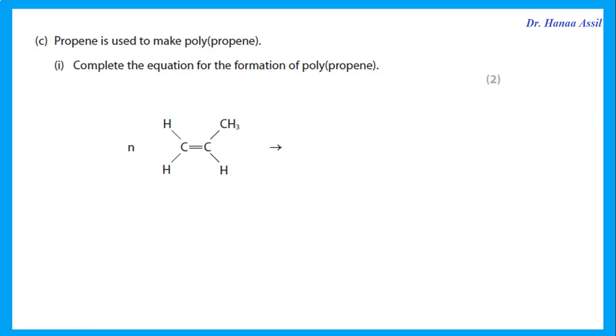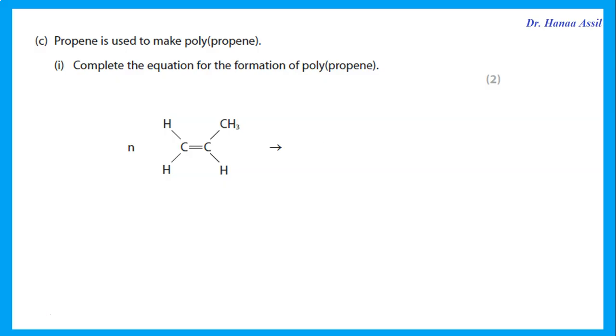Propene is used to make polypropene. Complete the equation for the formation of polypropene. How do we draw the polymer from the monomer? So we have propene that has a double bond.